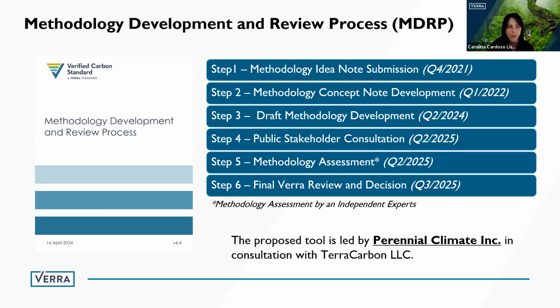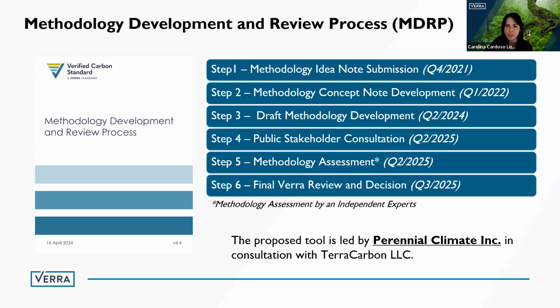Specific to this tool, I want to mention that this started by the end of 2021, when Perennial first approached Verra to propose their idea. And then in the beginning of 2022, they submitted their concept note. This concept note went through several rounds of reviews from Verra.